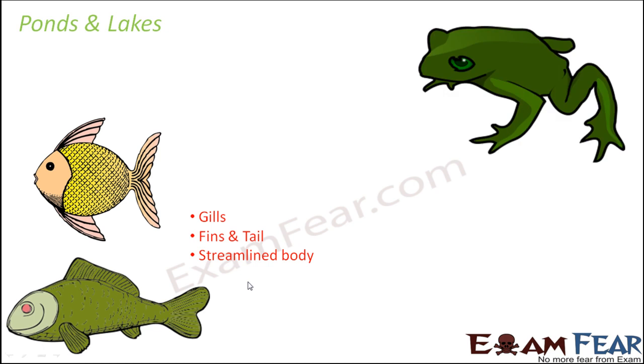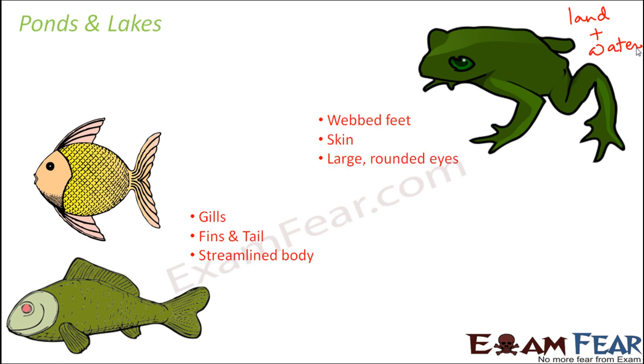Besides this, there are other animals like frogs which live in ponds and lakes. Now frogs again, they are amphibians. That is, they can survive both on land as well as water. Some of the adaptations of frogs are, they have webbed feet.